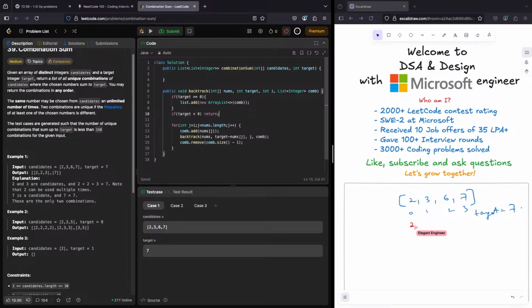You have two options: either you pick 2 or you move to the next one. But if I am at this j and I'm picking this, I'm reducing the target, so in the next turn you'll not be picking this. Makes sense? Yeah, I think this should work.